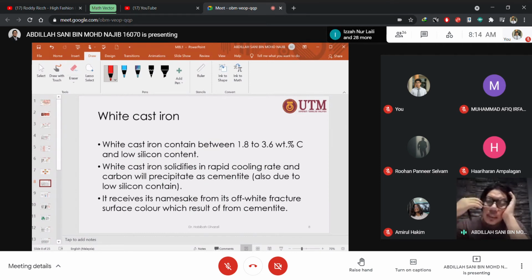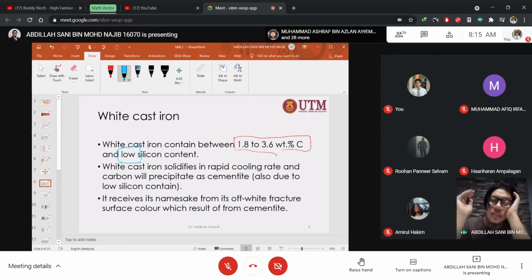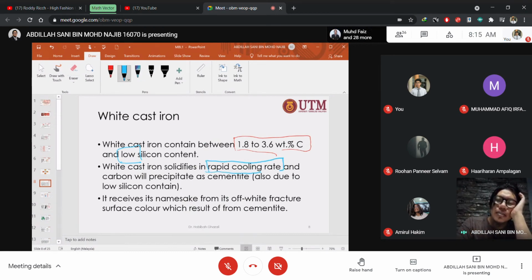The white cast iron contains between 1.8 to 3.6% carbon, and this is the point, low silicon content. So you have low silicon content with this amount of carbon, and the white cast iron solidifies at a rapid cooling rate.